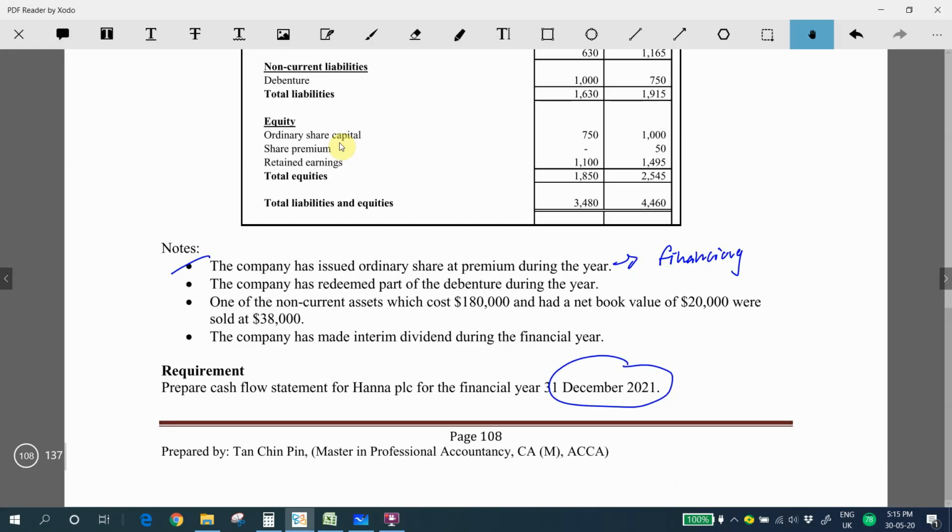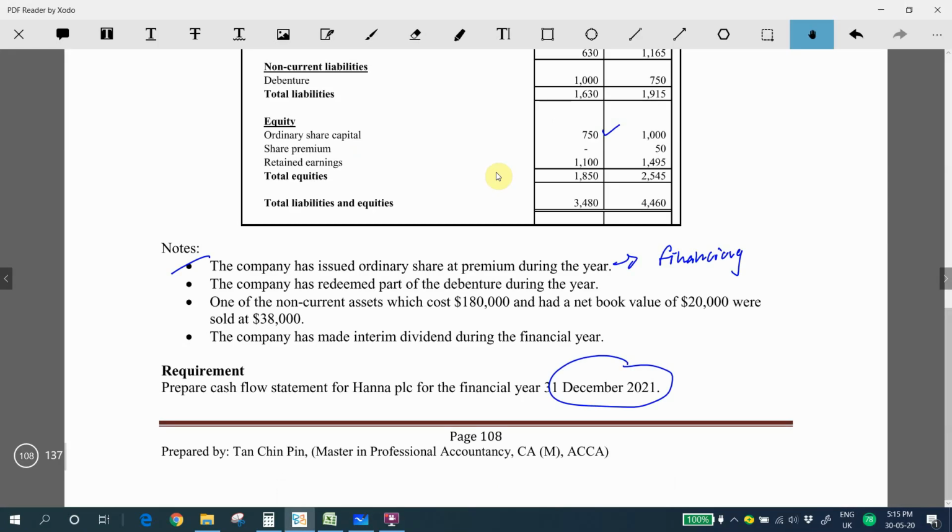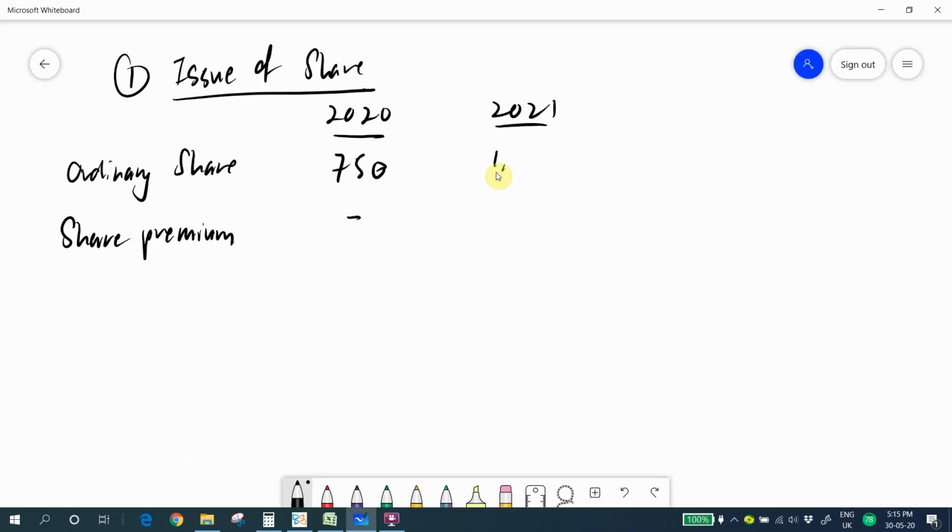For the ordinary share, 2020 information is 750, 0 for the share premium. At 2021, the ordinary share changed to 1000 and the share premium is 50. So last year is 750, this year is 1050. So tell me, your share capital increase or decrease after the share issue? The answer is increase, right?